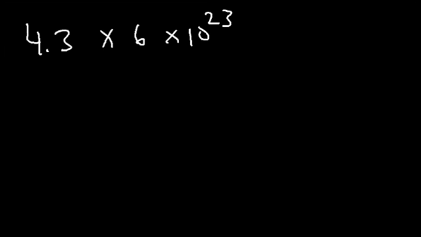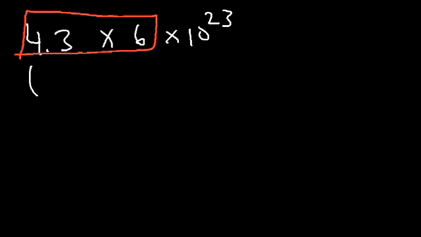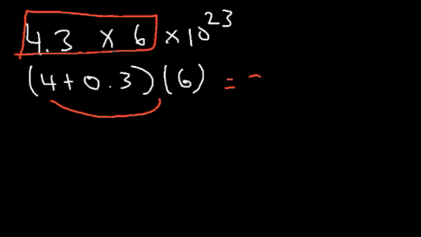So what's 4.3 times 6 times 10 to the 23rd? So let's multiply these two numbers first. So 4 times 6, we know that's 24. And 6 times 3 is 18, so 6 times 0.3 must be 1.8.